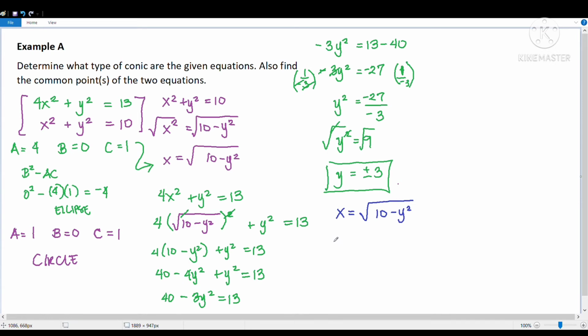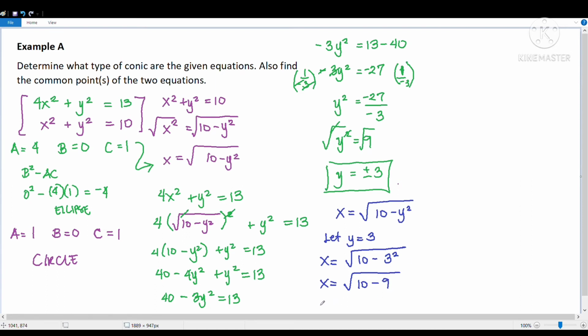Now I will use first the value of y equal to positive 3. Therefore, I will have x equal to the square root of 10 minus 3 squared. So we have x is equal to the square root of 10 minus 9.